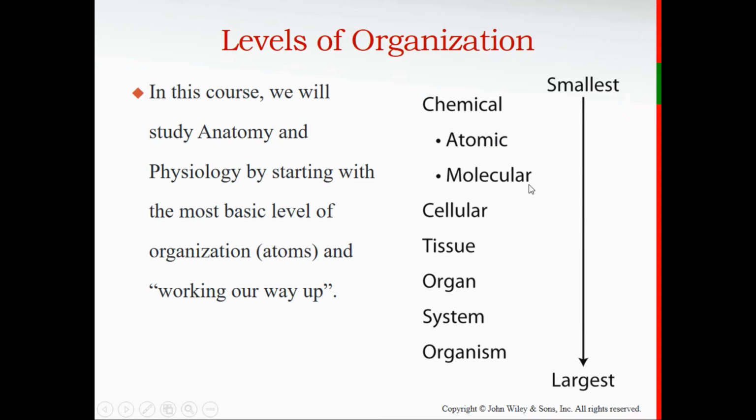So chemicals, atoms, molecules all work together to form the cell. Cells work together to form tissues, tissues work together to form organs, organs work together to form organ systems, and all of the organ systems work together to form the organism.